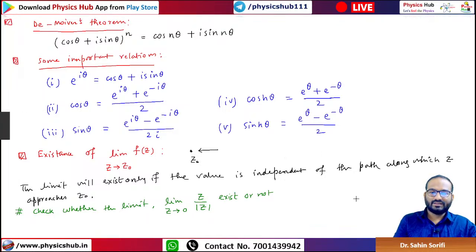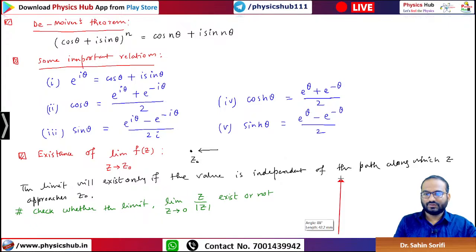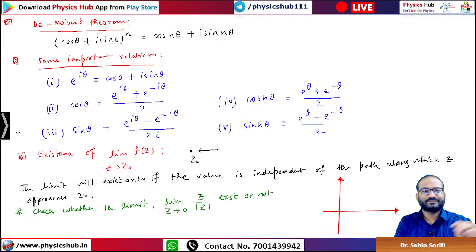So let me just try to draw it so that you understand it graphically. This is your x axis, and this is your y axis. Along x axis you go like 1, 2, 3 and so on. Along y axis you go like i, 2i, 3i and so on. This is the origin.